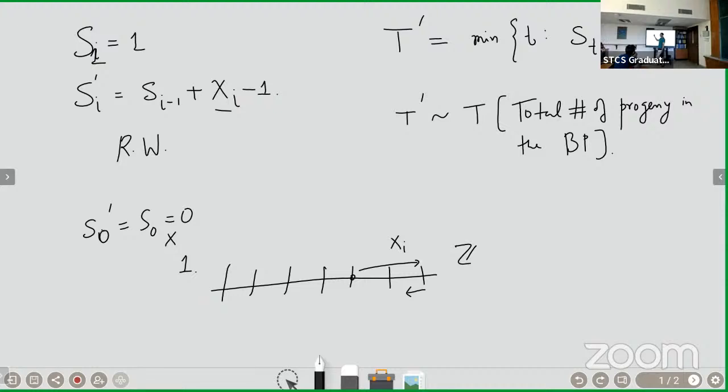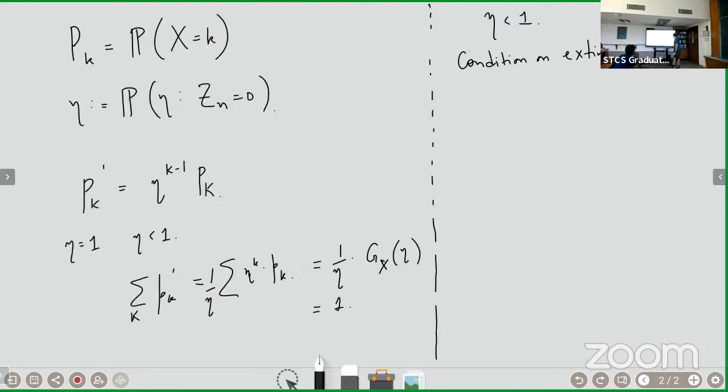So these are the exercises I'm adding every time. If I condition on extinction, what is the distribution of this new exercise? Or equivalently in terms of our branching process, it starts with one particle, and this is generation 1 and generation 2. I'm conditioning on extinction.